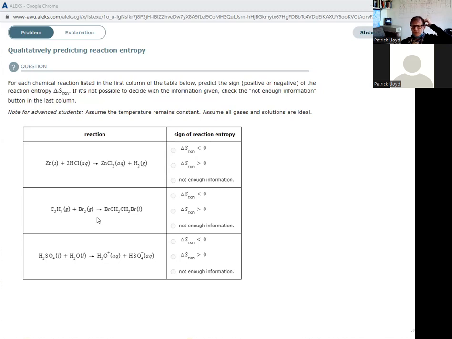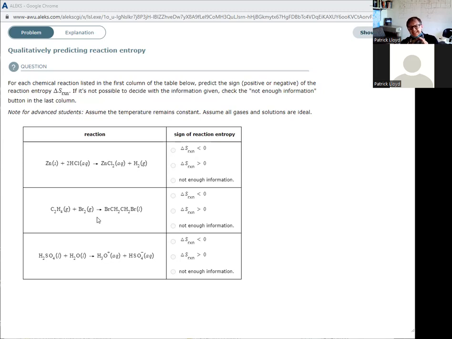So essentially, you just compare the reactant to the product side. On the reactant side, we have a solid, very little entropy, and 2 moles of an aqueous solution, which has a lot more. But on the product side, we also have an aqueous solution, which has a lot more.